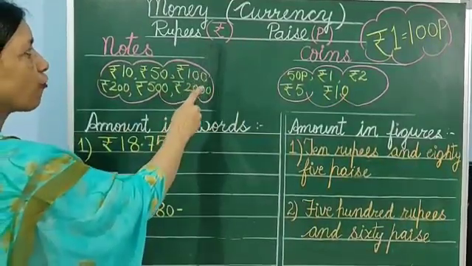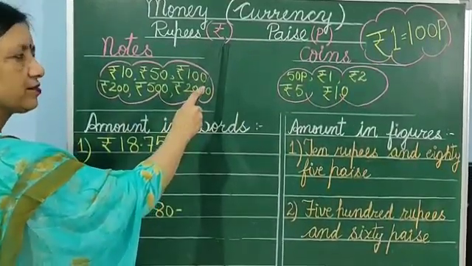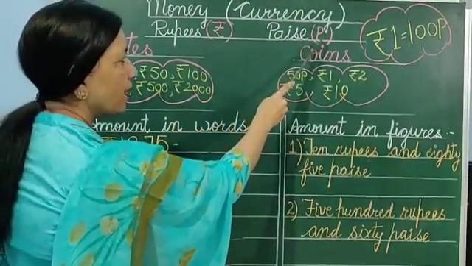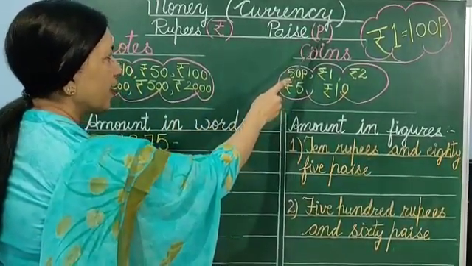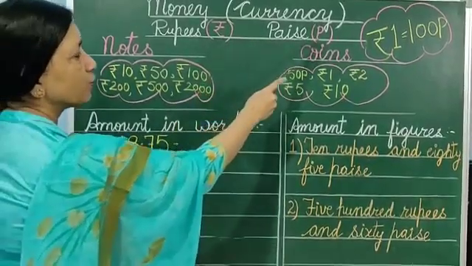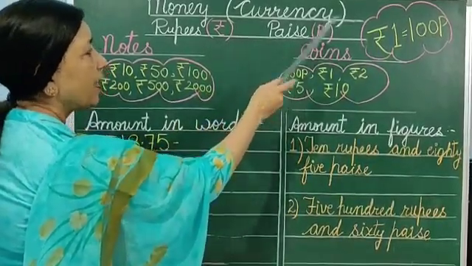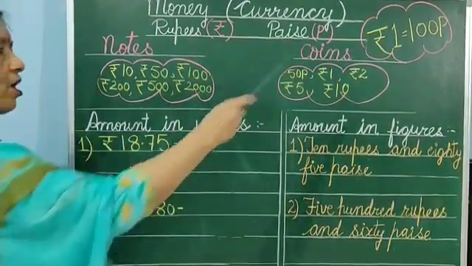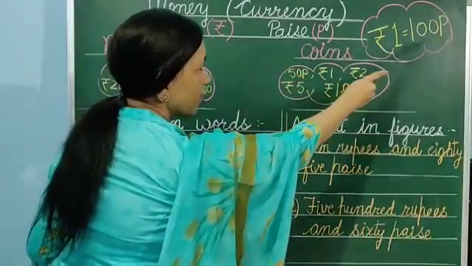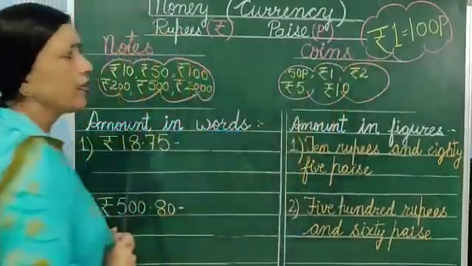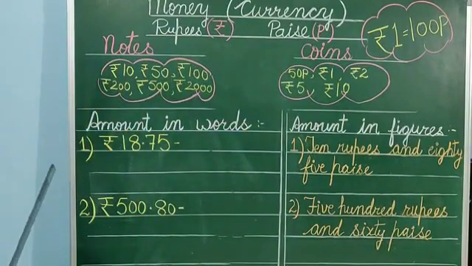This is the short form for rupees, and this is the short form for paise. This is the symbol used for rupees and this is the symbol used for paise. And how many paise are there in 1 rupee? 100. So rupee 1 is equal to 100 paise.